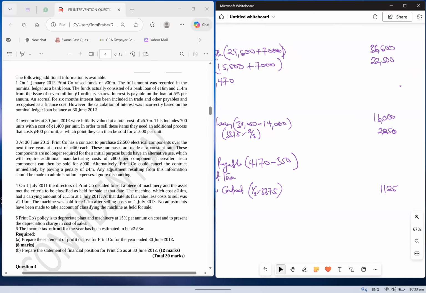All right. So that note is done. Then note 4: on July 1, that's the beginning of the year, they decided to sell a piece of land. So this one is taking us to our PPE workings. This is the one we said is held for sale. They classify it as held for sale.